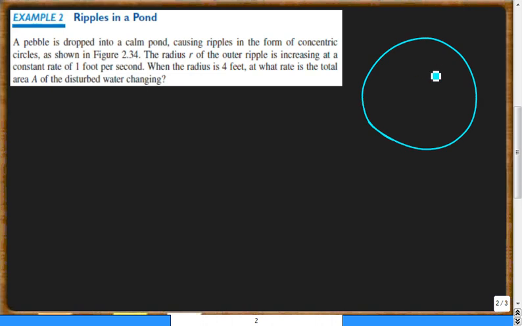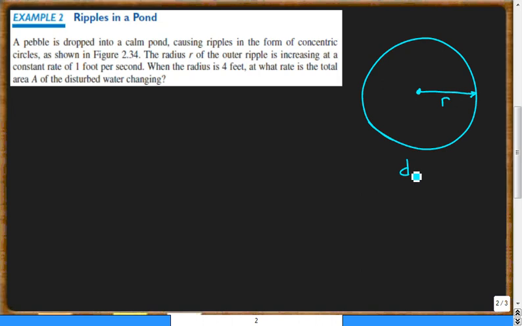The radius r of the outer ripple is increasing at a constant rate of 1 foot per second. So the radius, which is this, of the circle is increasing at a constant rate of 1 foot per second. So that is the rate of increase.